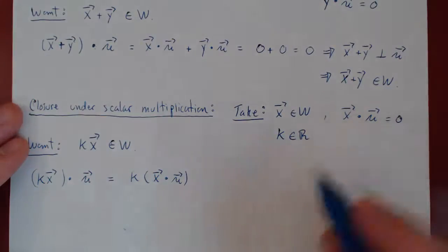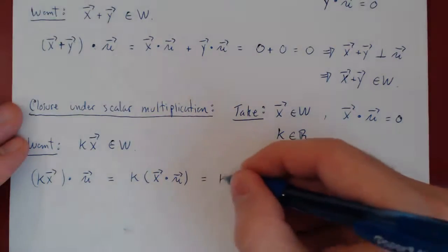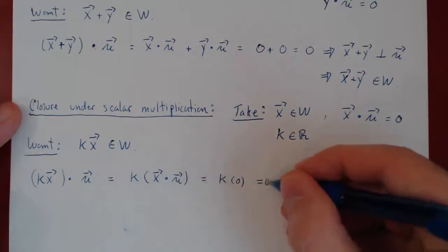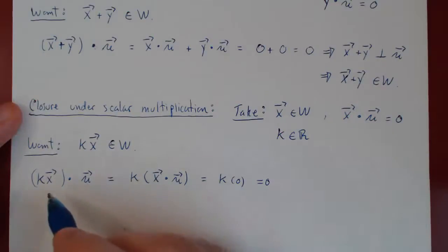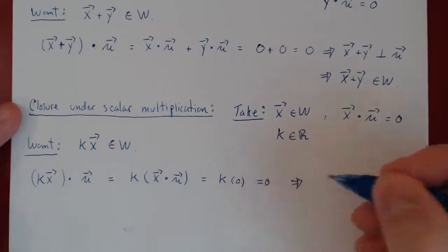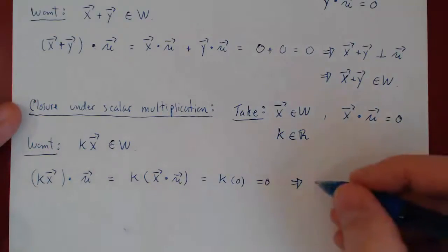But by assumption, x dot u is 0. So we have k times 0. Any real number times 0 equals 0. Therefore, the dot product between kx and u is equal to 0, which proves that vectors kx and u are orthogonal to each other.